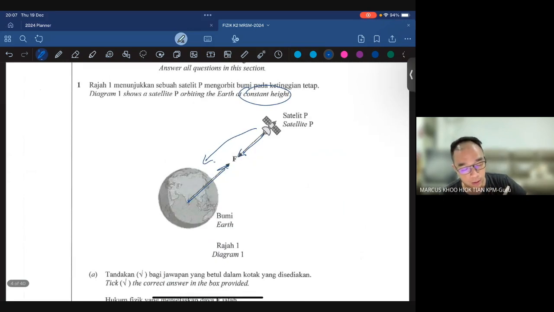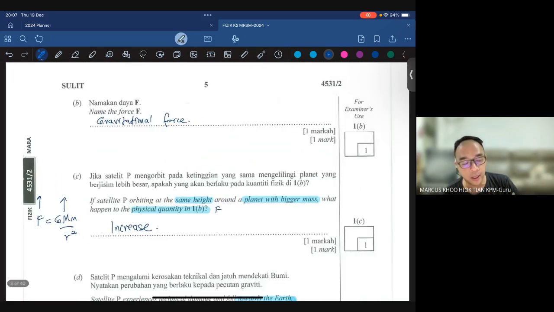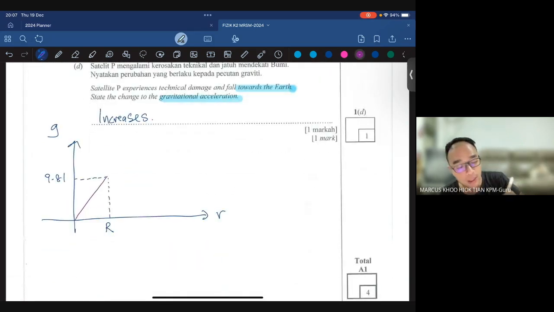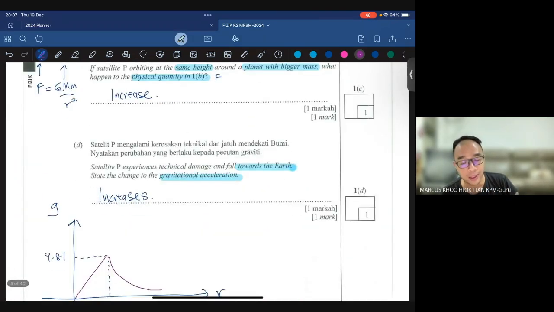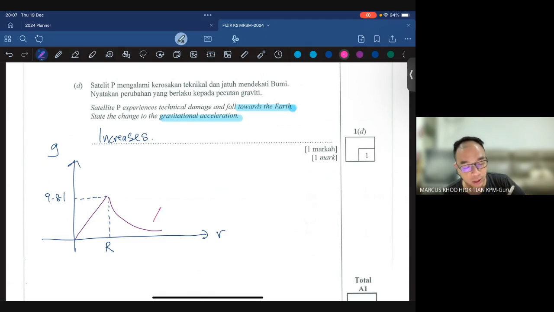As it goes further and further away from R, we notice that the graph will decline like this. Since our object is at this particular place, probably around this region, as it falls towards the Earth it's getting nearer and nearer to R, which is why the gravitational acceleration increases until it reaches 9.81.